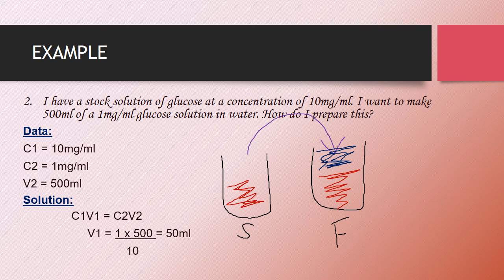To calculate the volume of distilled water, simply do V2 minus V1 to get the value of distilled water. Therefore, this answer means 50 ml of stock solution is diluted with 450 ml of water to make a volume of 500 ml glucose solution.